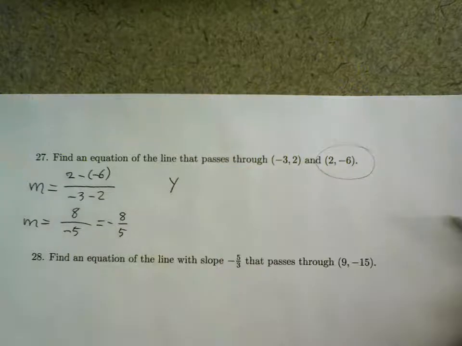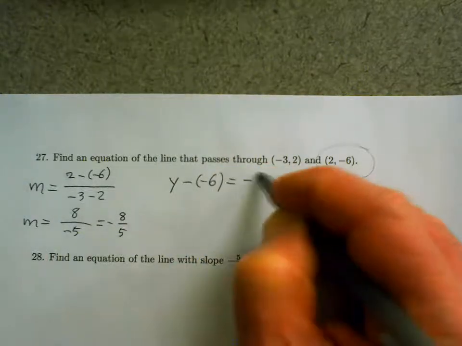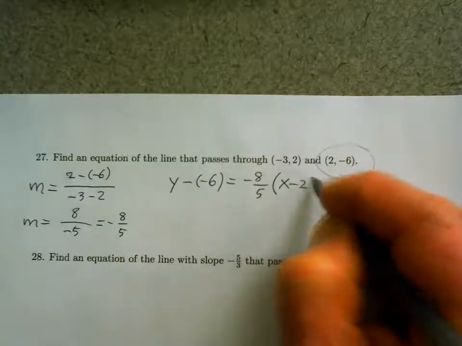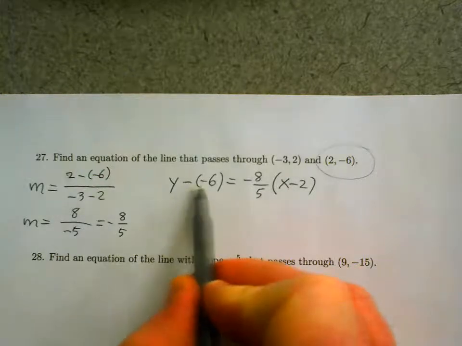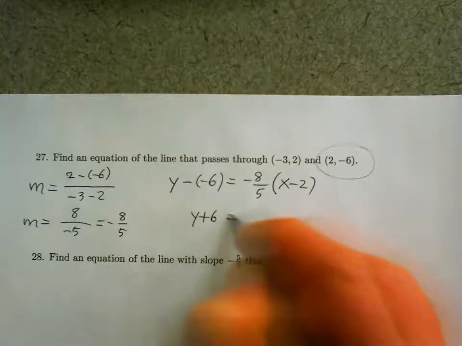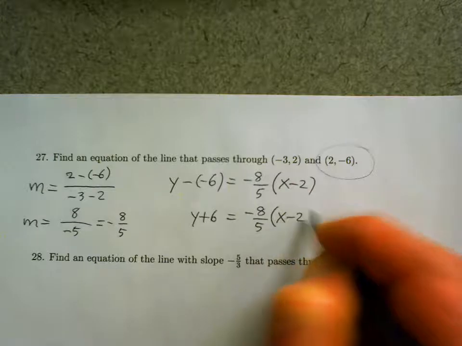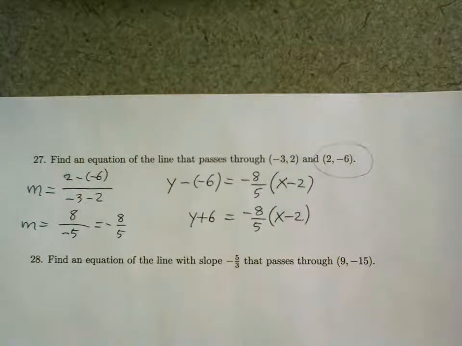And the point slope form is y minus -6 equals -8/5 times x minus 2. And we'll do one more thing. Y minus -6 is just y plus 6, and that's equal to -8/5 times the quantity x minus 2.